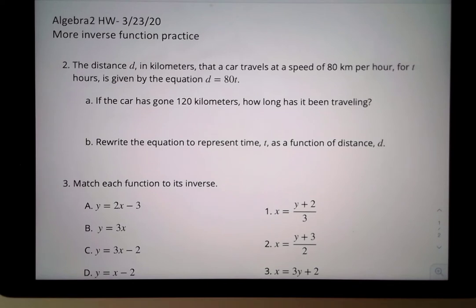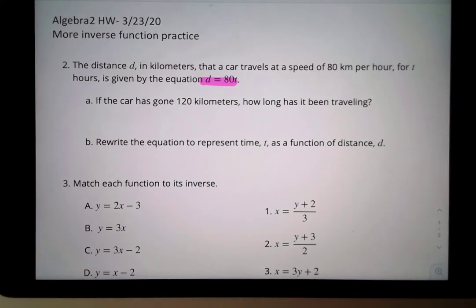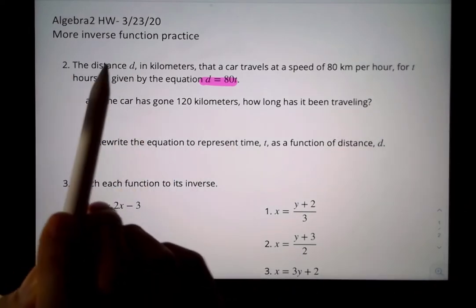So today I'm gonna go over the work first. So yesterday's work, right? This is the homework. And number 2, let's look at this. They gave you the formula, right? D equals 80T. But before you start, I want you to look at this.